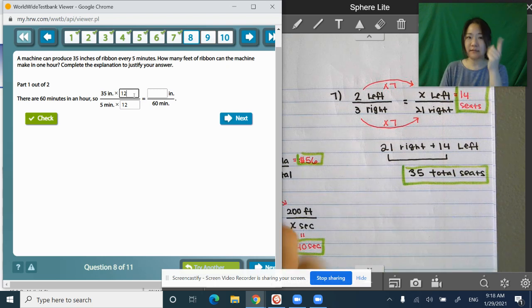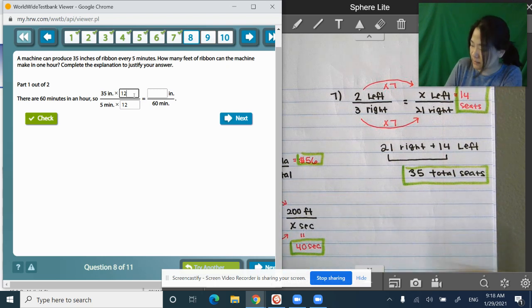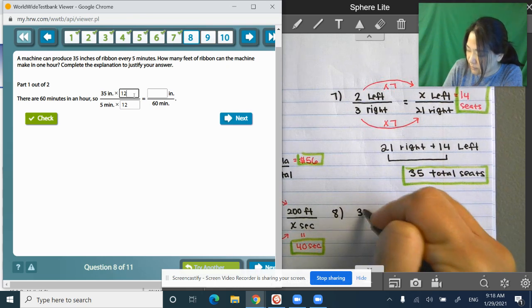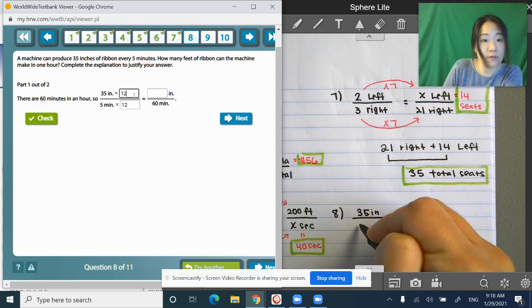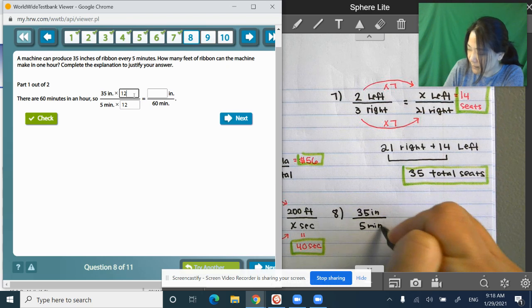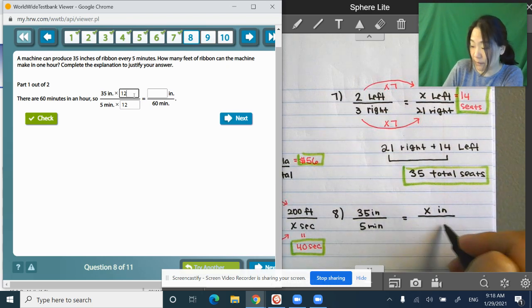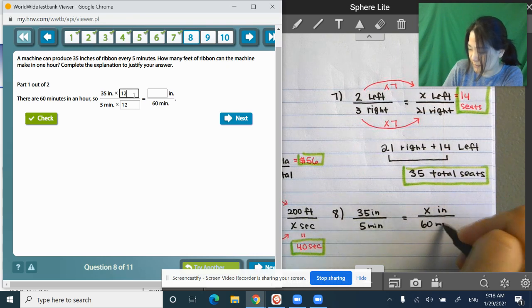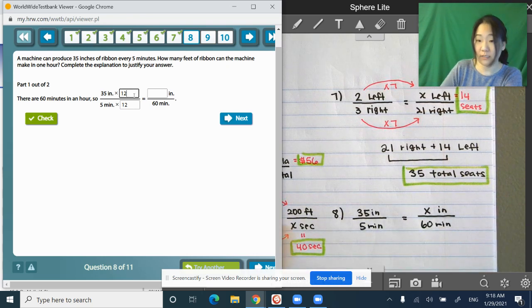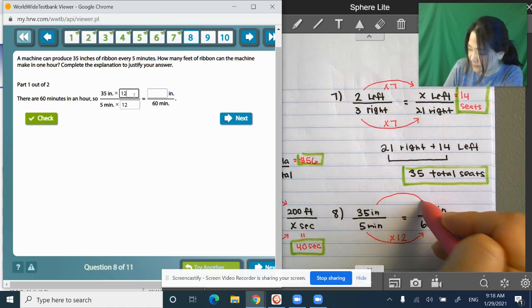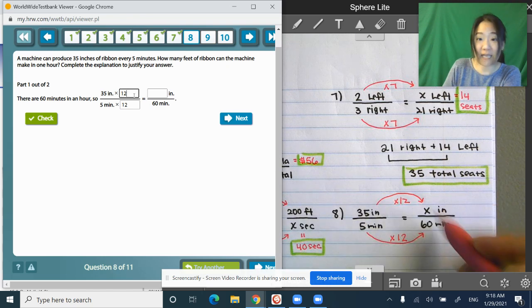Now if that doesn't really make sense, let me demonstrate it here. Basically, what they're saying is 35 inches over 5 minutes. I want to find out how many inches in 1 hour, so I'm substituting 60 minutes to make sure my units match. 5 times 12 is 60, and 35 times 12 is the answer.